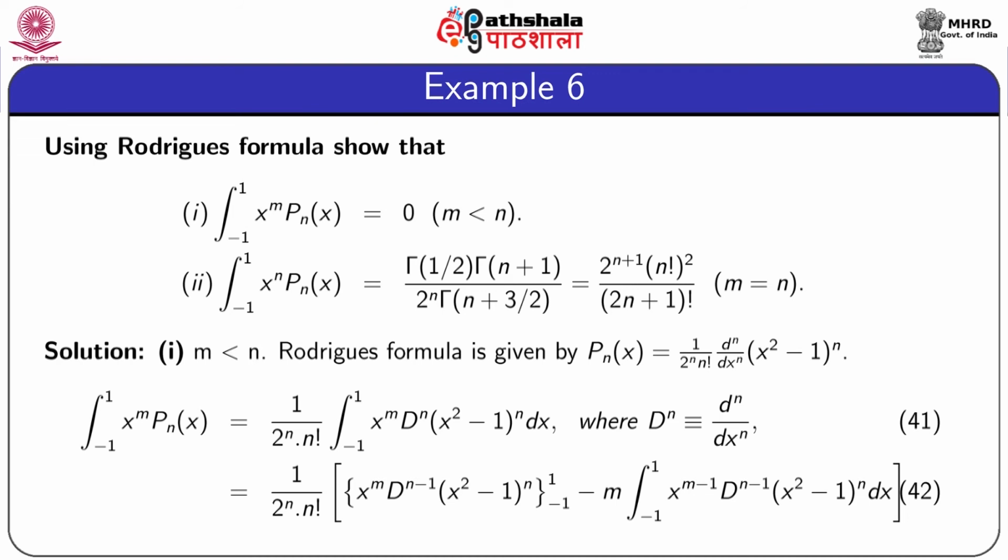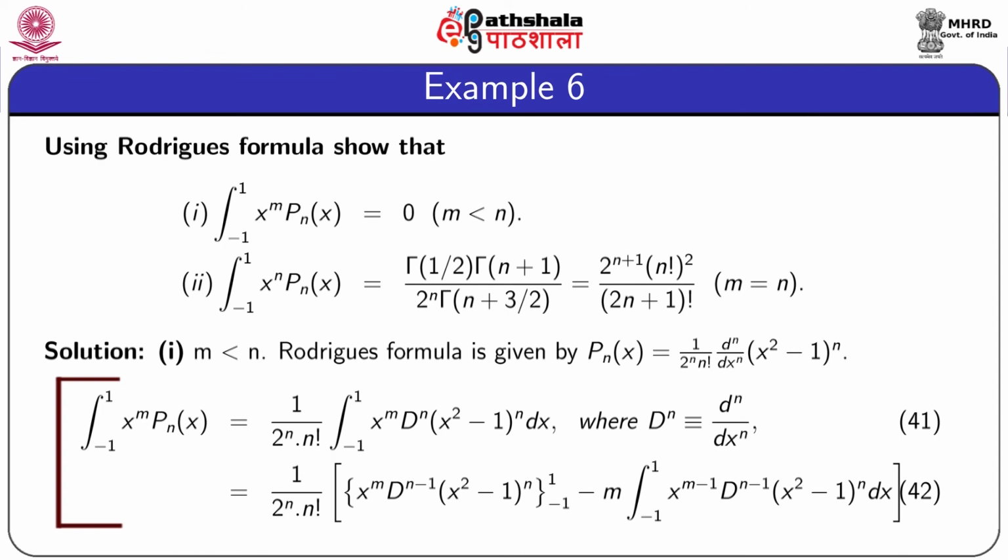So, in case 1, where we take m less than n, the Rodrigues formula is given by Pn(x) = 1/(2ⁿ n!) times the nth derivative of (x² − 1)ⁿ. We take the left-hand side, the integral from −1 to +1 of x^m Pn(x) dx, and substitute Pn(x) by the Rodrigues formula.